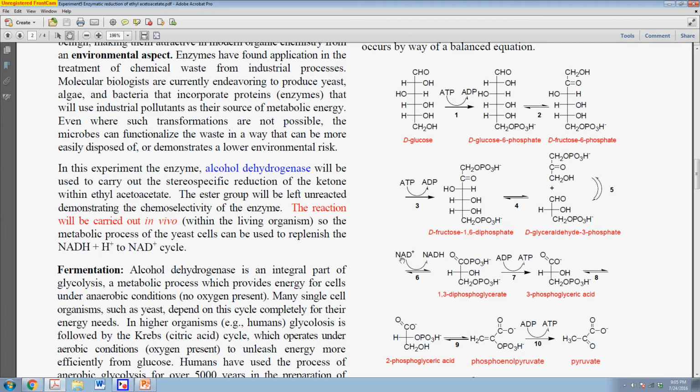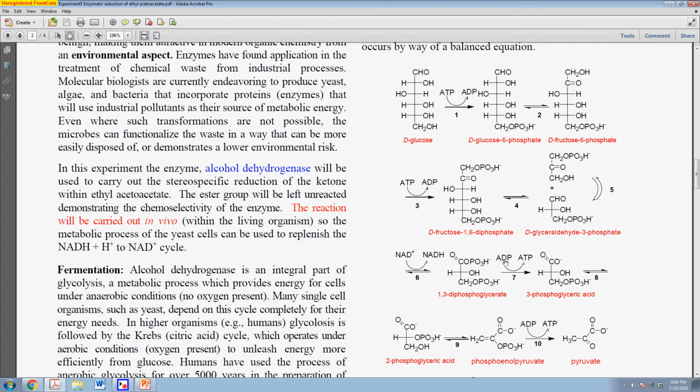But this is really the key, that in order to proceed through glycolysis, you need NAD plus, and that gets converted to NADH. So then you go to 1,3-bisphosphoglycerate or diphosphoglycerate, and then again you go on down the pathway.